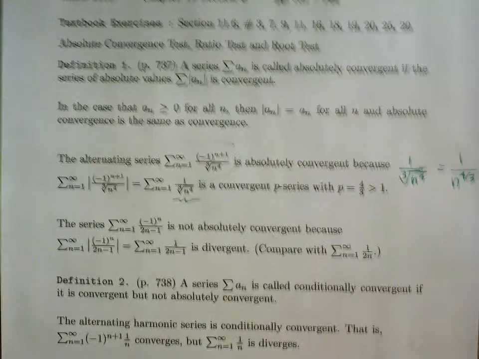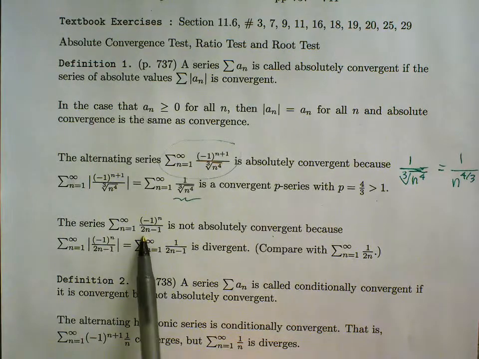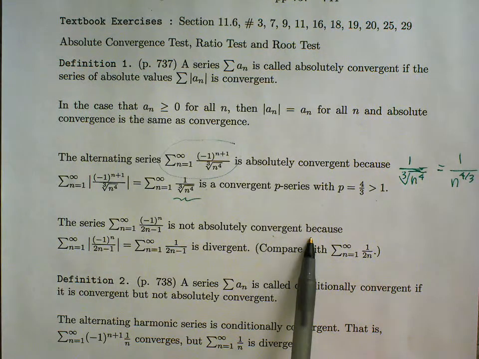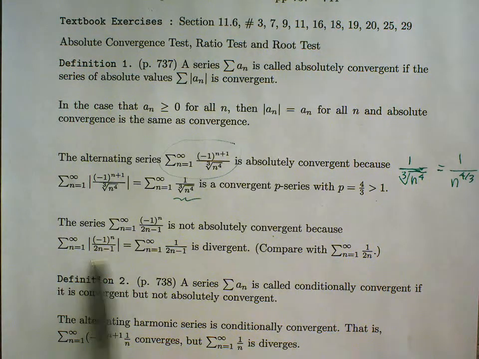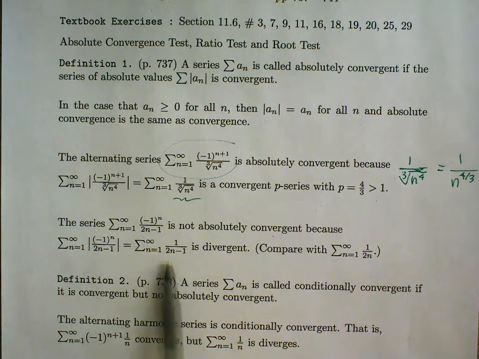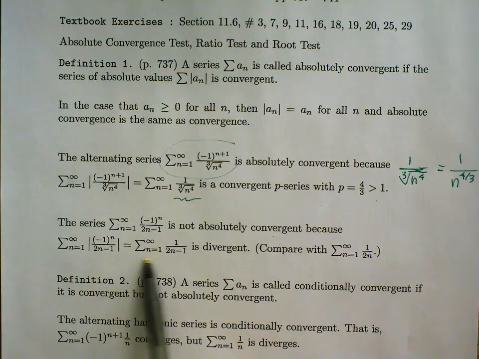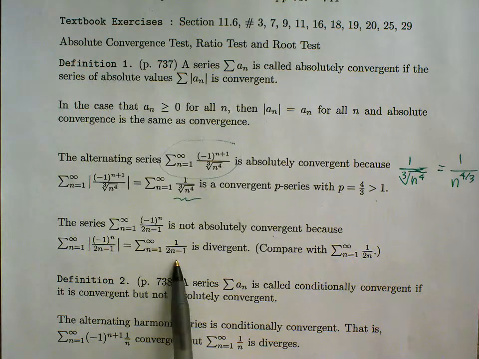Okay, the next example, here's another alternating series. This series is not absolutely convergent because when you take the absolute value, the terms in the series become 1 over 2n minus 1. And we know that this series is divergent.